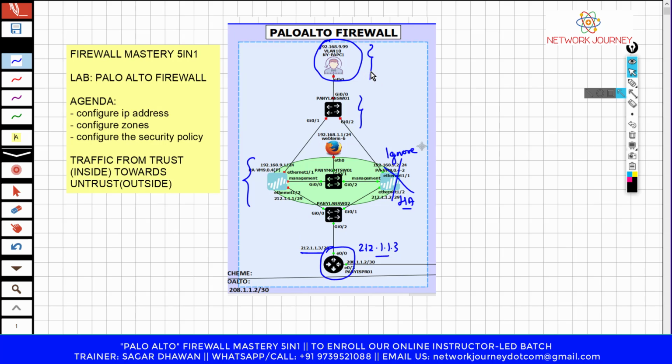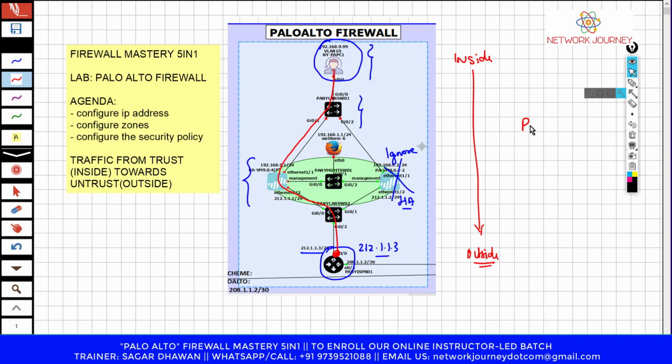Okay, so I'll go to power on mode, and then I'll show you how I configure. Let me tell you what the packet flow would be here. My packet from here goes in this direction and pings this IP. So it's a pure concept of inside to outside traffic flow.